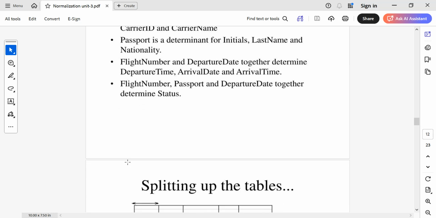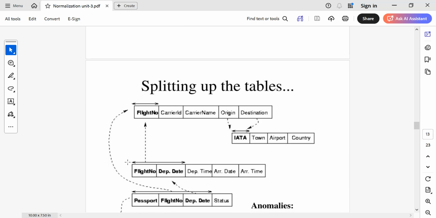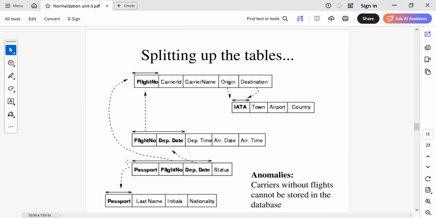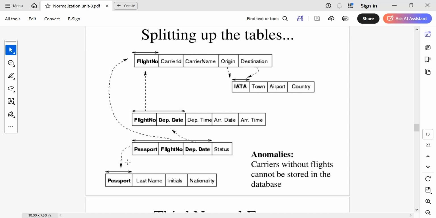So how are we splitting up the tables? I can show you the diagrammatic representation. Flight number and passport are the main key attributes.